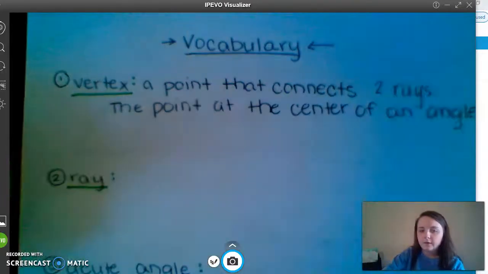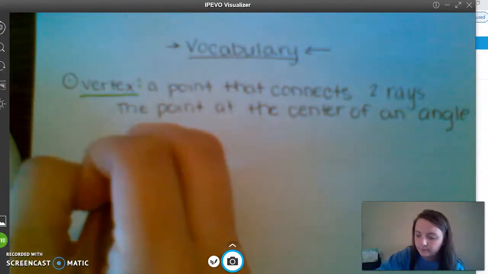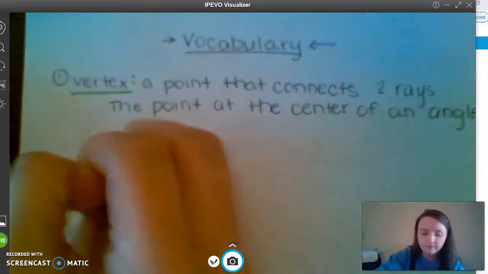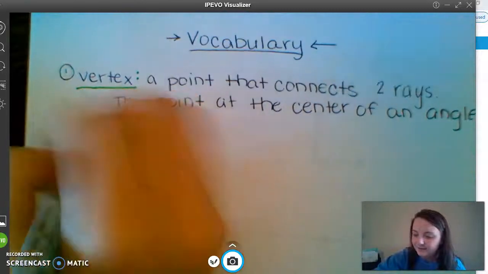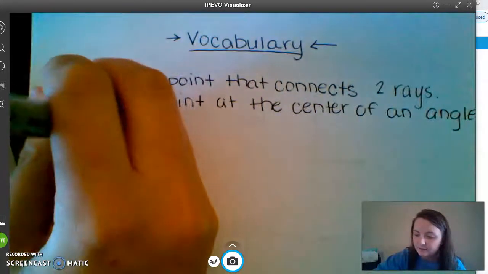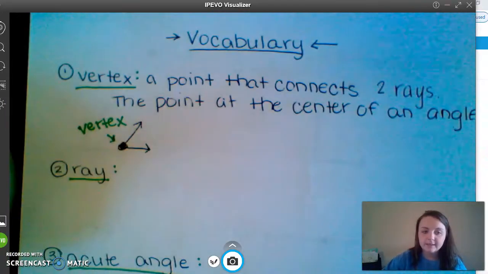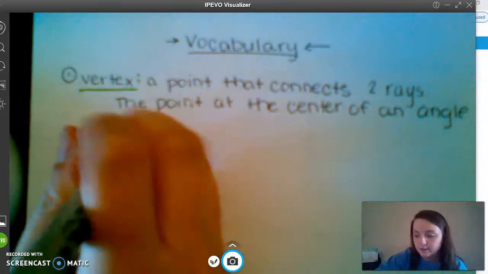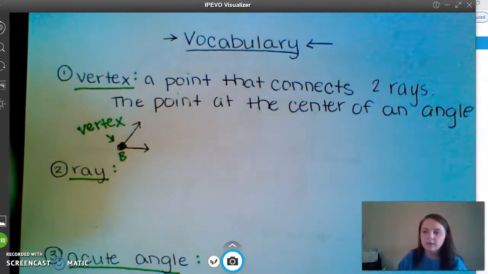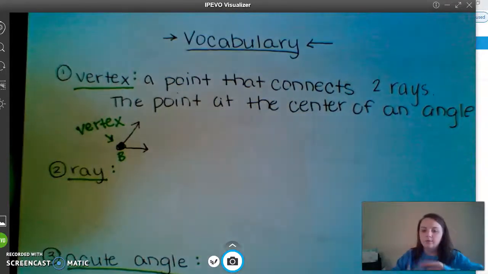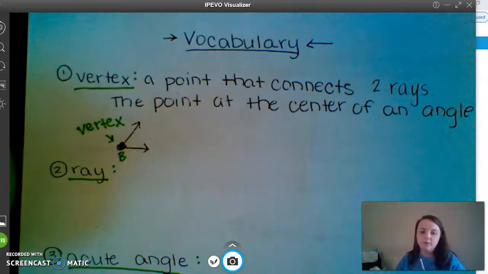So what I mean by that is if we have an angle, that right there is your vertex. Okay, so let me get another color. Right there, that's your vertex. Generally, vertexes are labeled by capital letters. So this would be like vertex B. You don't have to worry about that. We're not going to get into the little bitty details. We're going to talk about the big overarching topics because it gets really confusing whenever you start trying to name angles and look at stuff.